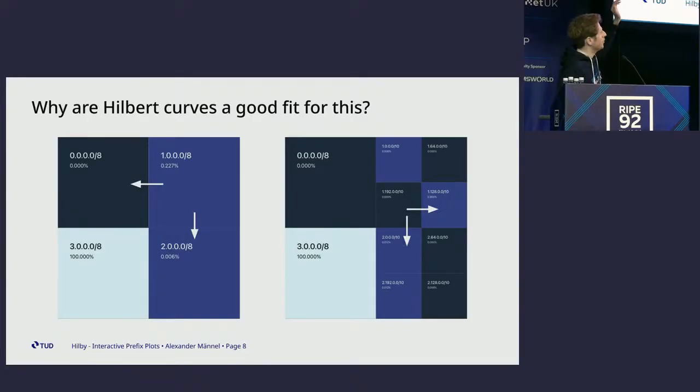So the /10s that are contained in 1/8 are all within the area of 1/8. And this neighboring property, so for 192/10, holds even across the borders of bigger prefixes. So you can see in this case, 2/10 and 128/10 are the neighbors.